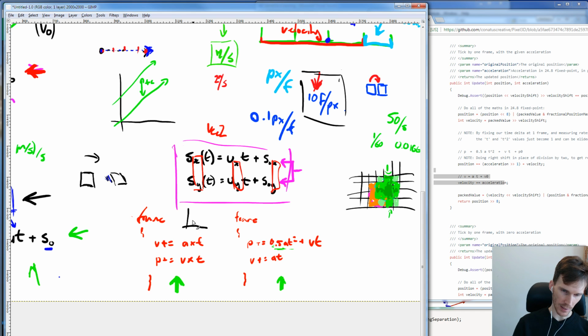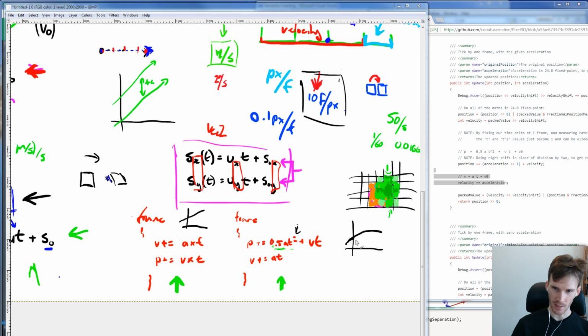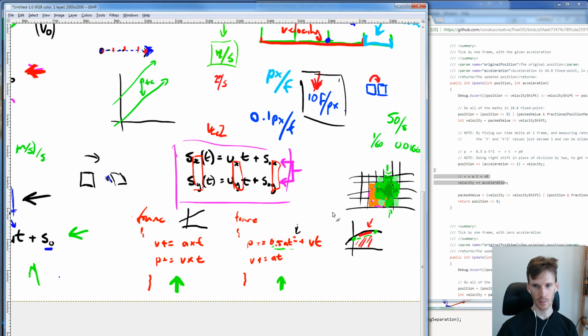An a times t is roughly a line, whereas this one has a squared term, so it's going to be a curve of some sort. If you pretend that this curve is a line, you're missing that little sliver of area under the curve.